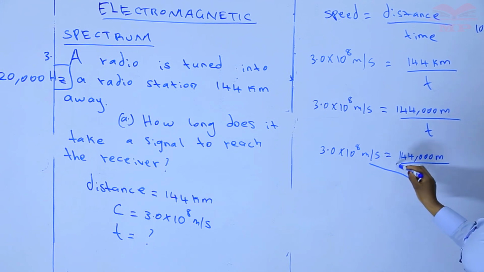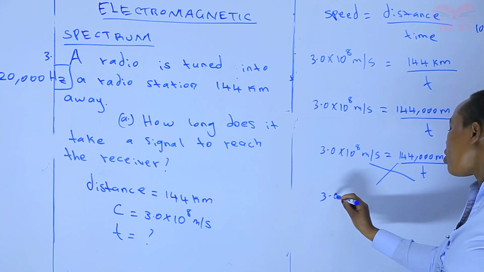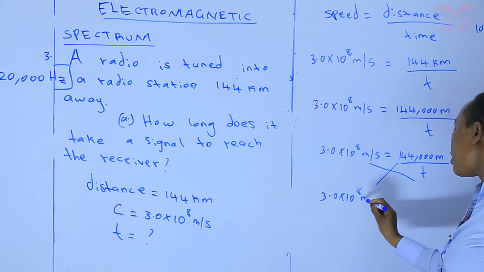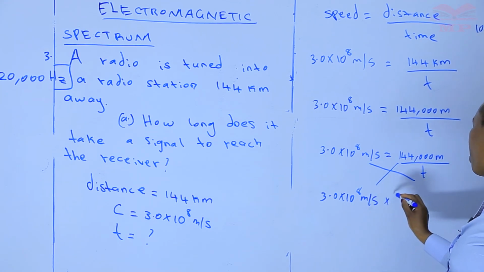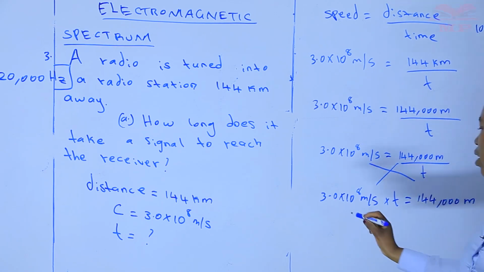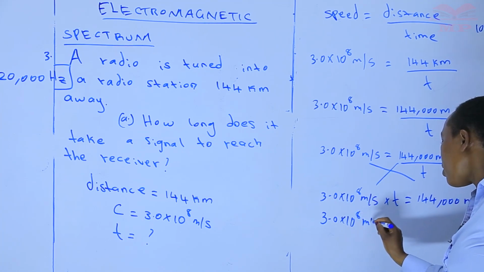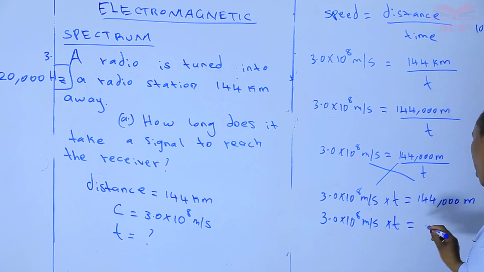So we cross multiply. We are going to have 3.0 times 10 power 8 meters per second multiplied by time equal to 144,000 meters. Remember, we still want to get the value of t, which is the time taken, or want to know how long it takes the signal to reach the receiver.